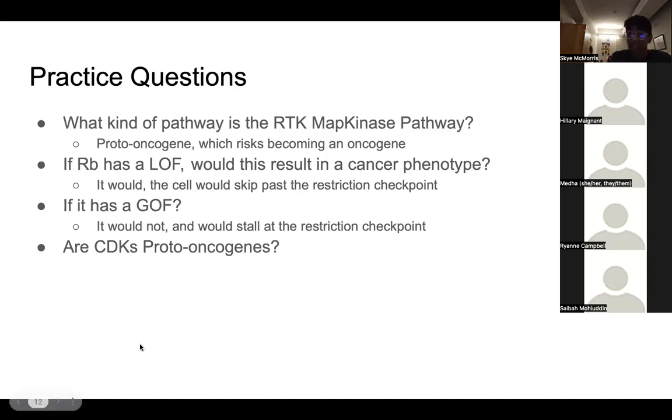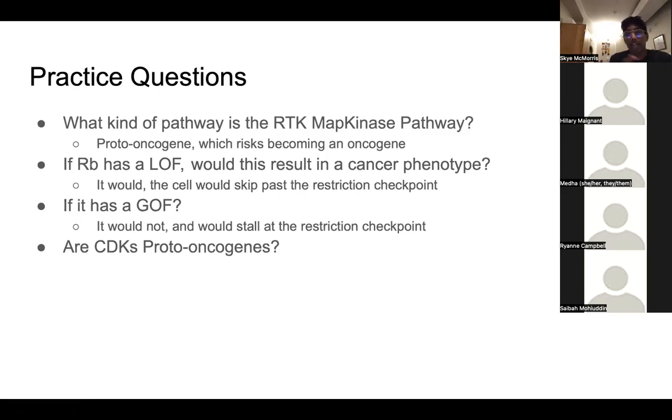So remember that CDKs are the cyclin-dependent kinases. They're the proteins that actually push the cell through the cell cycle. And if it's a proto-oncogene, they're used for the normal growth and replication of the cell, right?